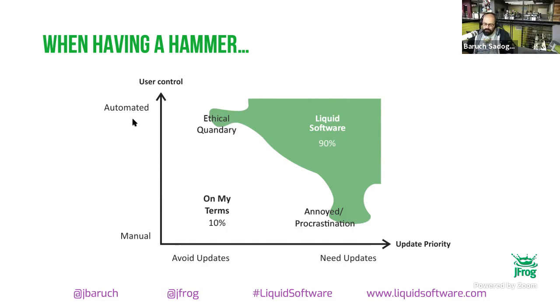We did a mental exercise of coming up with scenarios in which we think liquid software works and in which it doesn't work. And we came to the conclusion that the scenarios when liquid software won't work, when continuous updates won't work, are really a marginal minority.